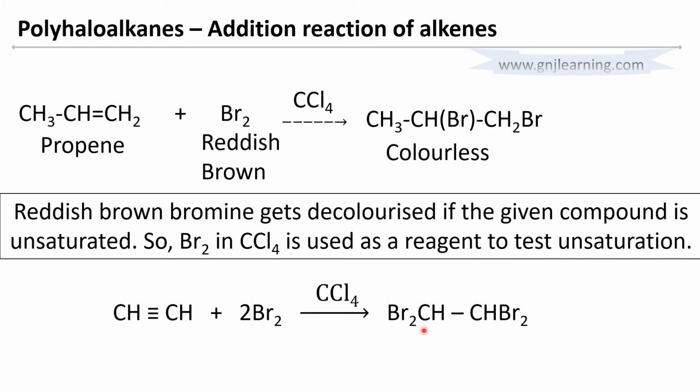This carbon is having two halo groups, and at the same time it is vicinal, because each neighboring carbon has halo groups. So bromine in CCl4 can be used to test whether the compound is saturated or unsaturated. Clear?